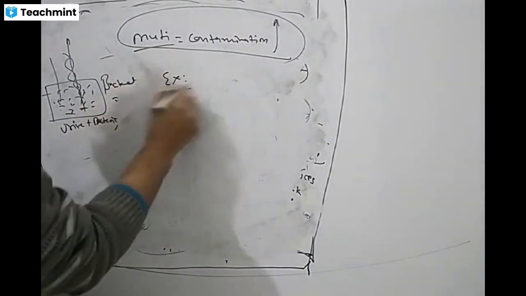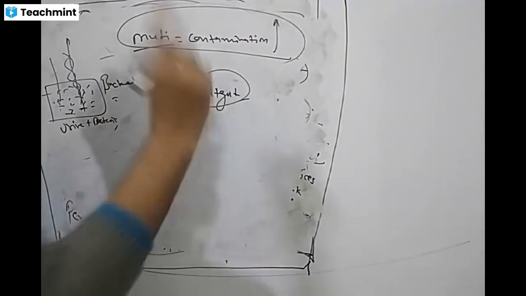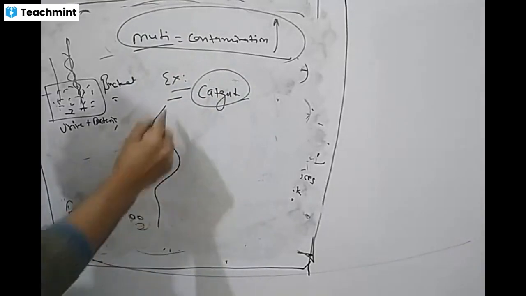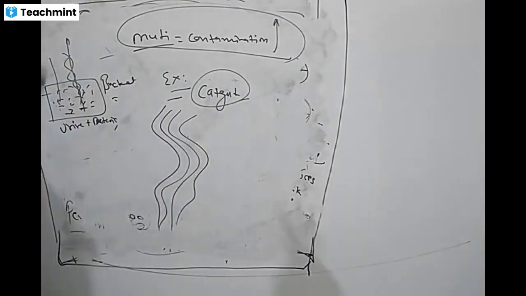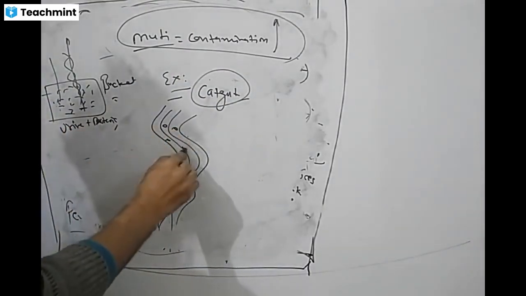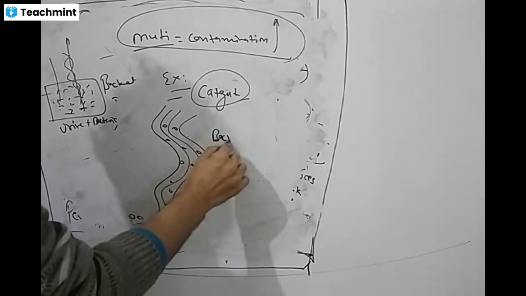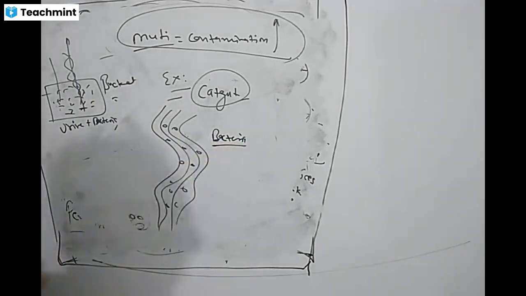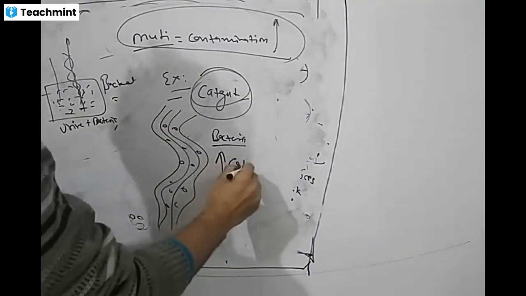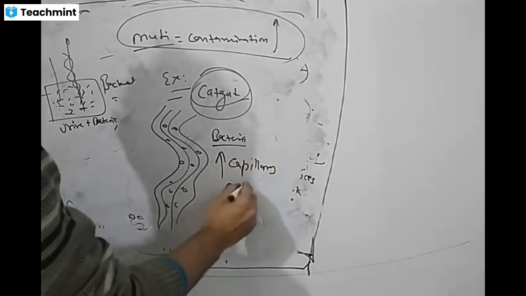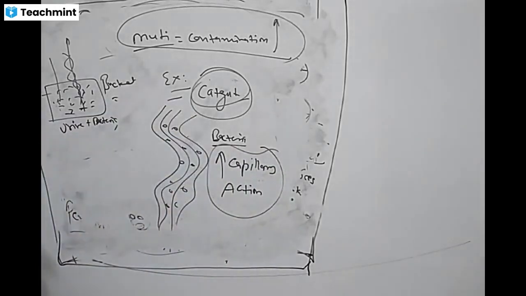So what is the example? Example is your catgut. Catgut is the suture material which is multifilament twisted, and in between these twists there are spaces. In these spaces bacteria will enter. The disadvantage of catgut is more capillary action. More capillary action means fluids and bacteria will enter into the catgut.